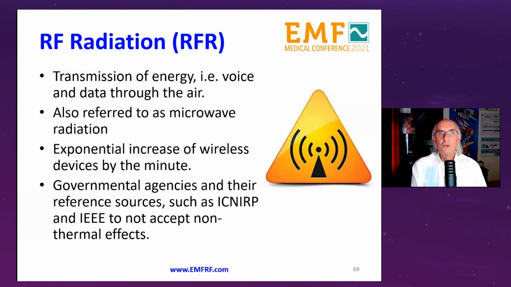All right, so we talked about alternating current magnetic fields, alternating current electric fields, and now we're going wireless, all right? The number of devices which are coming online, which are wireless, is increasing exponentially. Every day, every minute, every hour. So we'll see a large number of radio frequency devices in our environment.